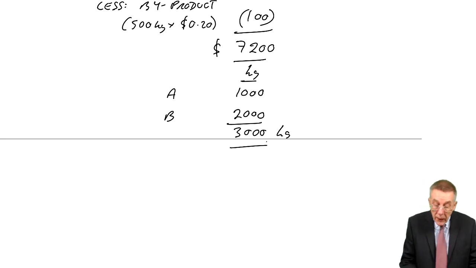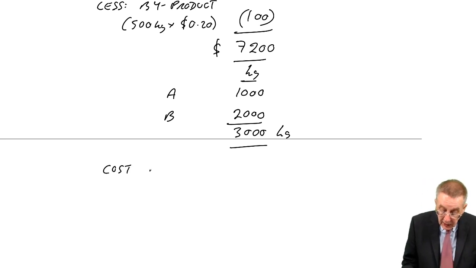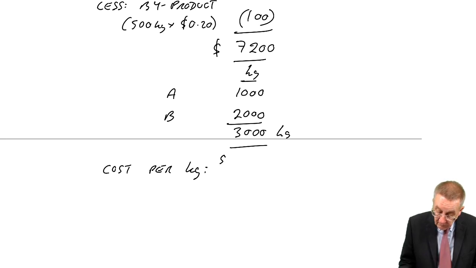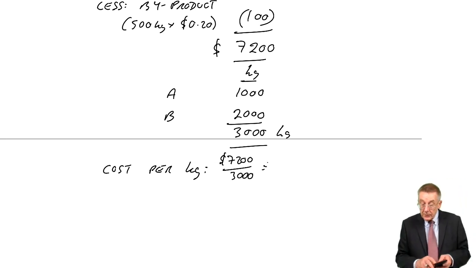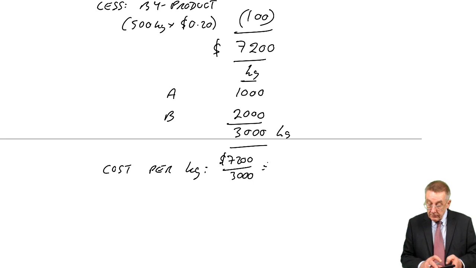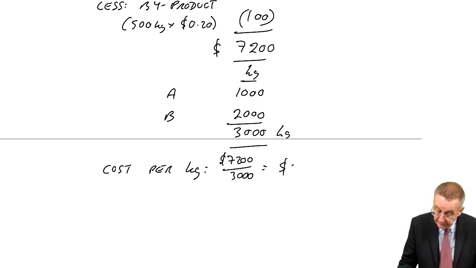And therefore, the cost per unit or the cost per kilo, 7,200 divided by 3,000 kilos. What does it divide to? 2.4, $2.40.